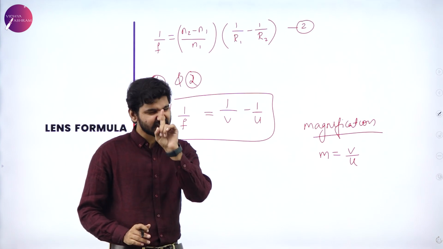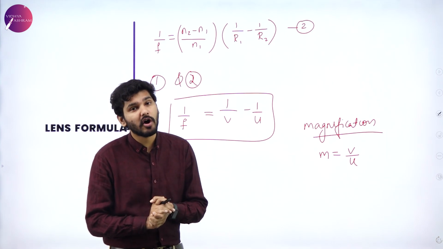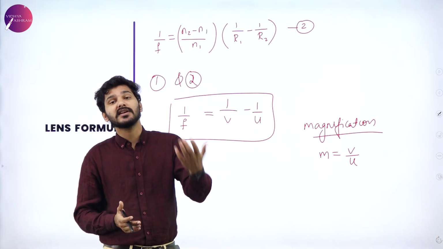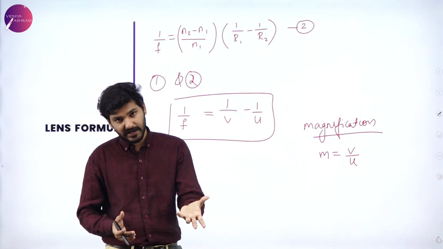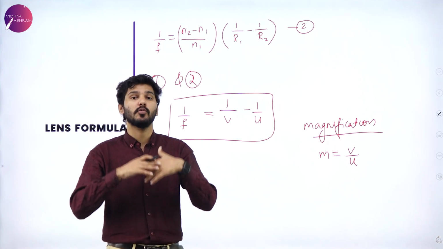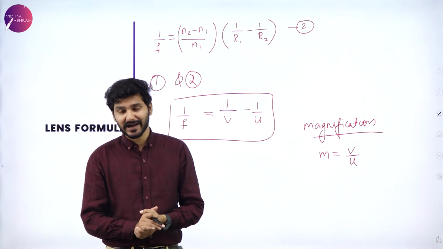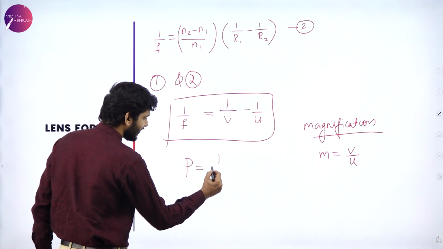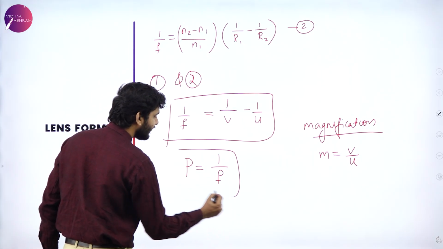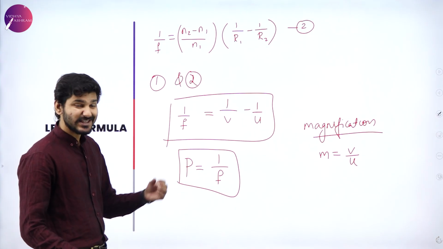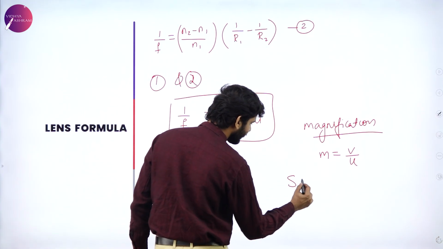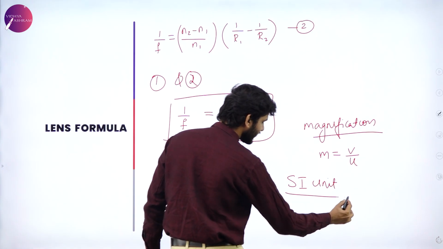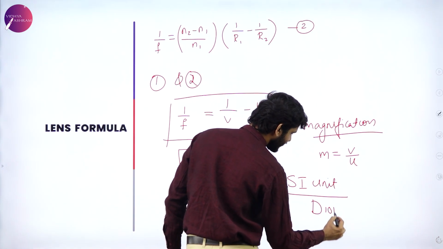Moving on, we have to know just one more thing, that is the power of a lens. The power of a lens is defined as the reciprocal of its focal length. It tells how powerful a lens is. The SI unit of power is the diopter.